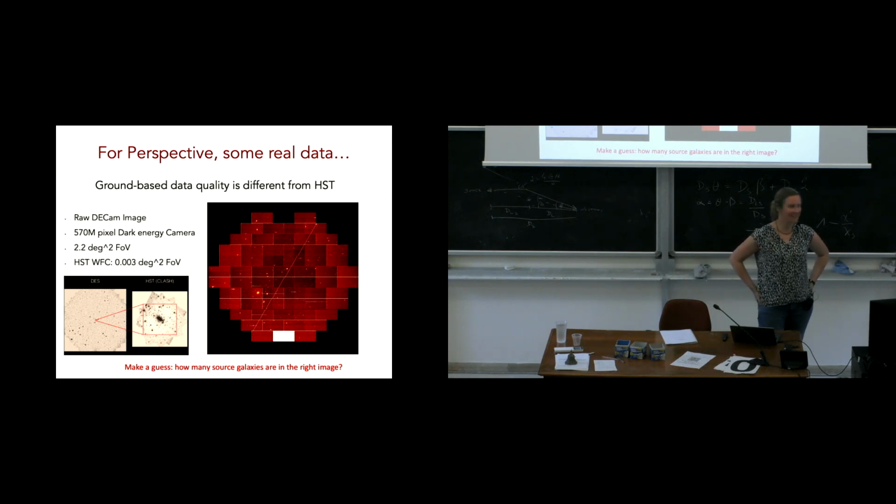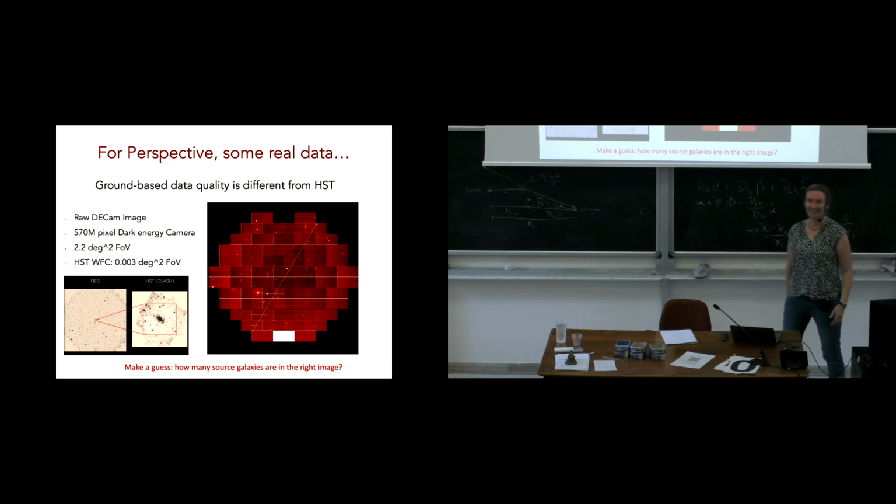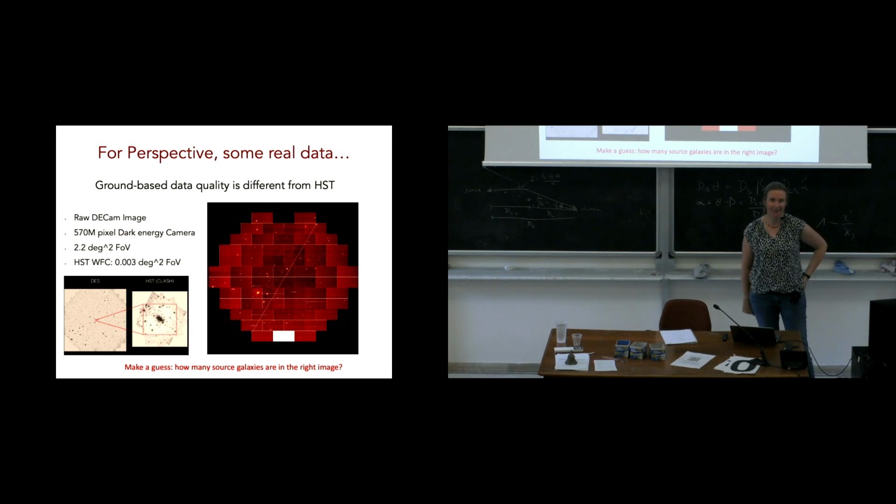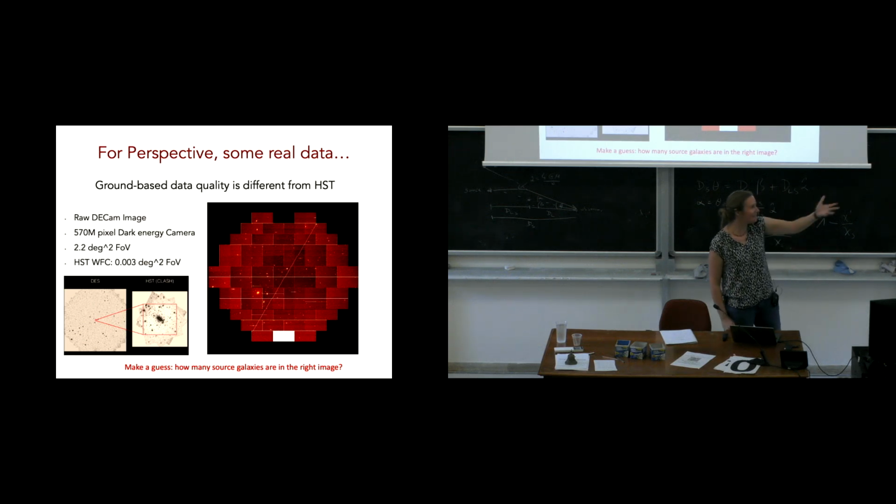Yep. You can, of course, calculate this because I gave you the field of view. And the typical source galaxy density is about 10 per square arc minute. So it's a few 100,000. But that still, of course, is a lot given what this data looks like.